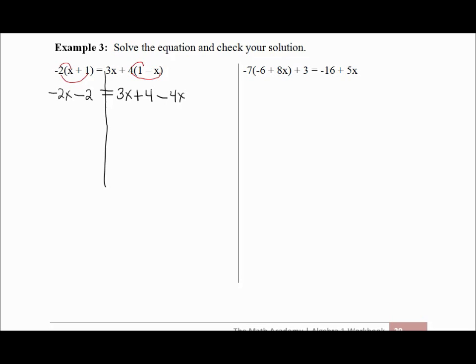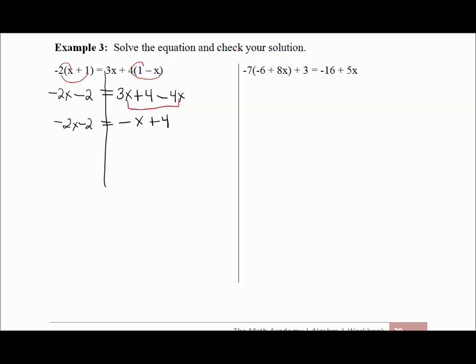So now look at the right side, and I have a few like terms. I have 3x and that -4x, so I'll combine those. On the left, I'll just bring this down again, this -2x minus 2, the equal sign, and 3x minus 4x is -x, and then I'll bring down the 4.